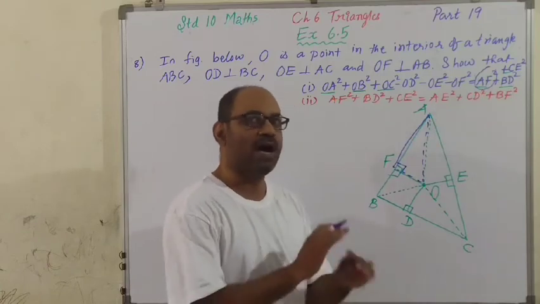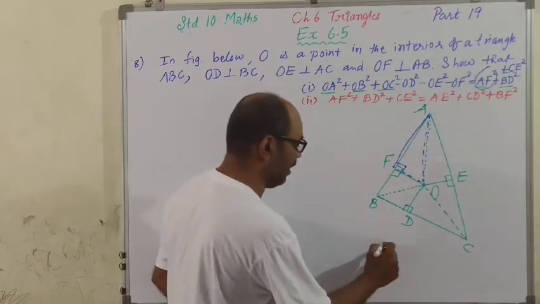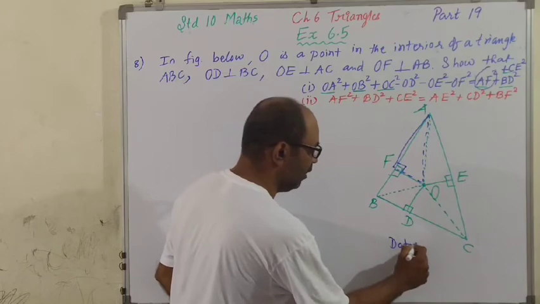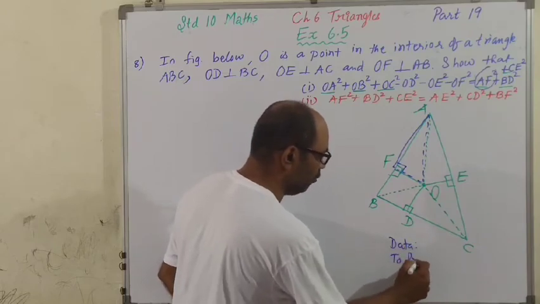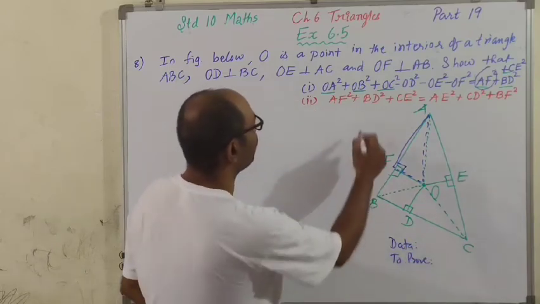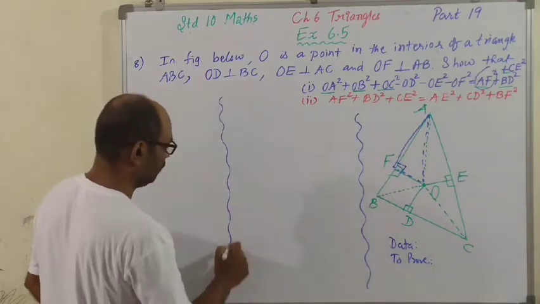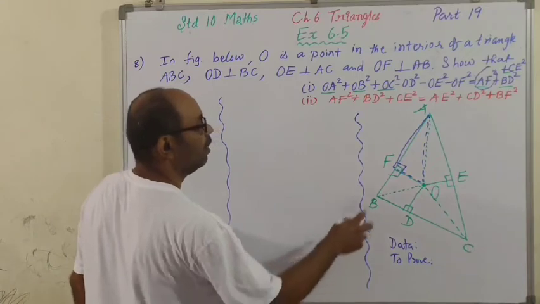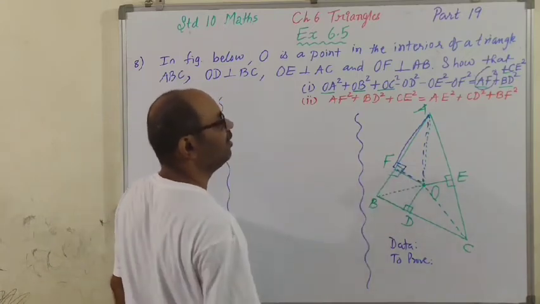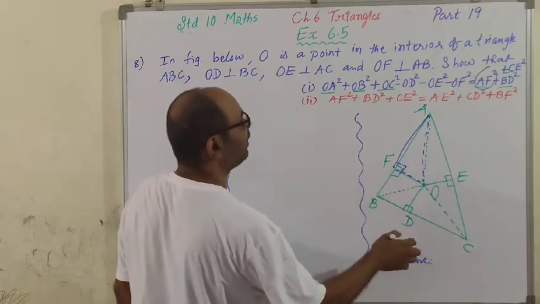Data and to prove, I'm not writing. I'm writing the proof directly. Data you have to write. To prove you have to write. Okay? Let's see. Fine, I'll write all the detail.